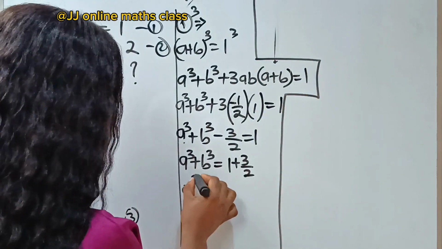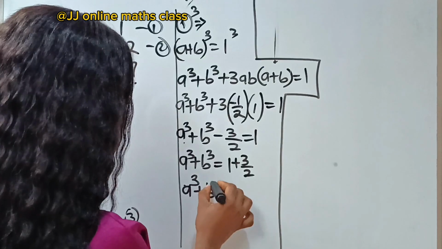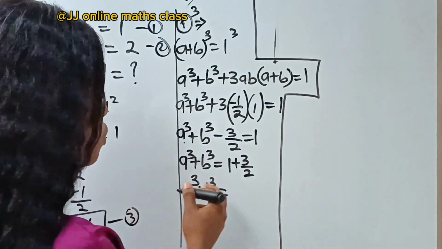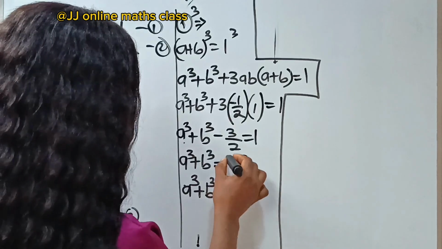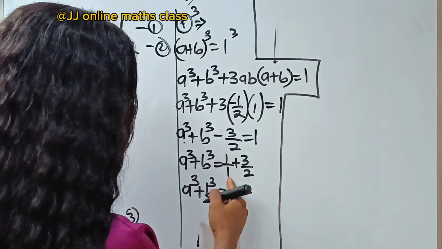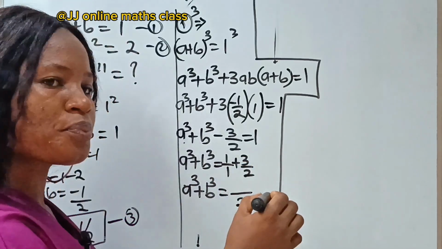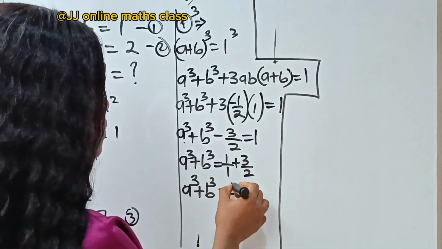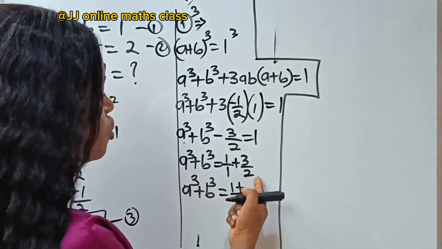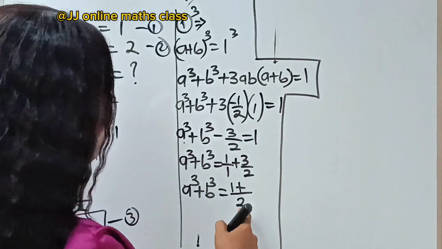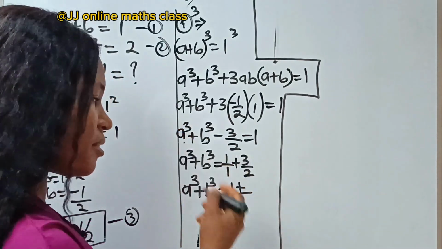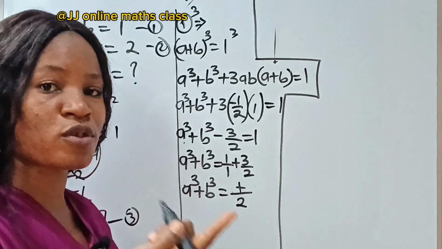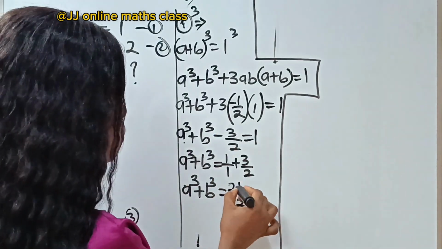Now, a to the power of 3 plus b to the power of 3 is going to be equal to, this is the same thing as 1 over 1, right? The LCM of 1 and 2 is 2. When 2 is divided by 1, you have 2, and 2 times 1 will give you 2.